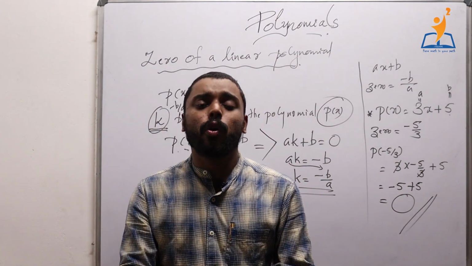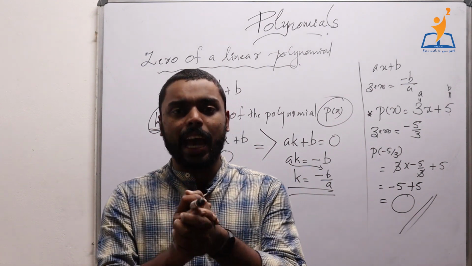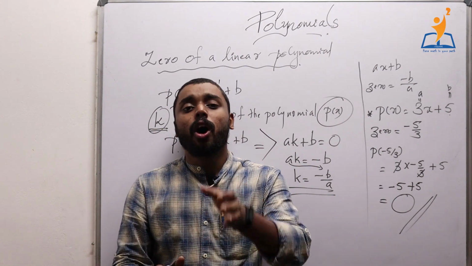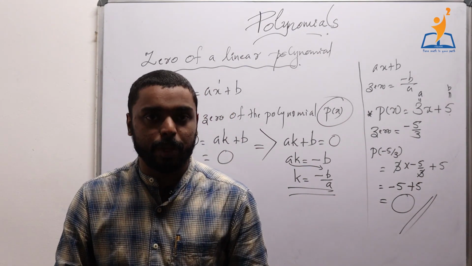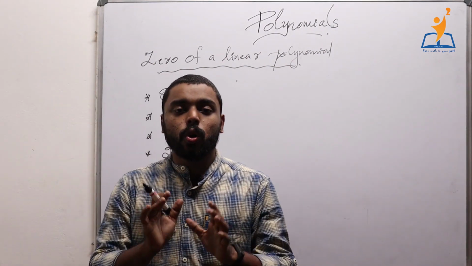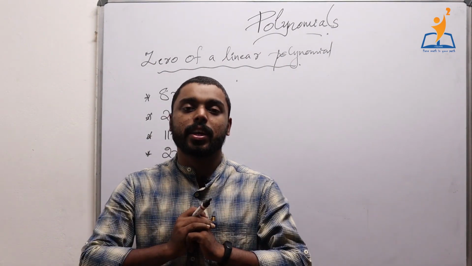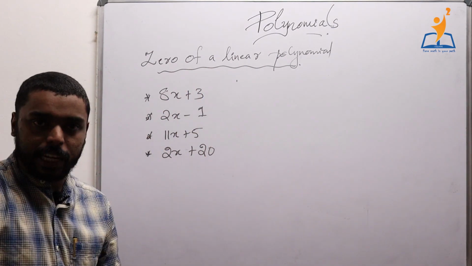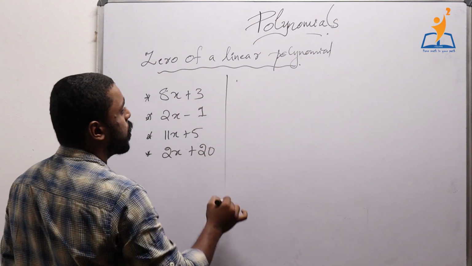So the 0 of any linear polynomial can be evaluated. What should we do? For any linear polynomial of the form ax plus b, the 0 will be minus b by a. Suppose you are given linear polynomials like these.